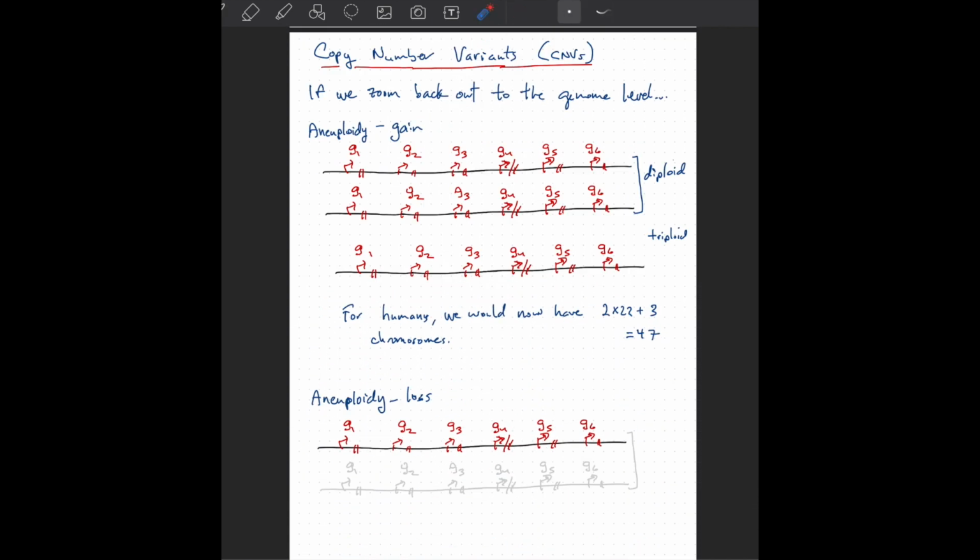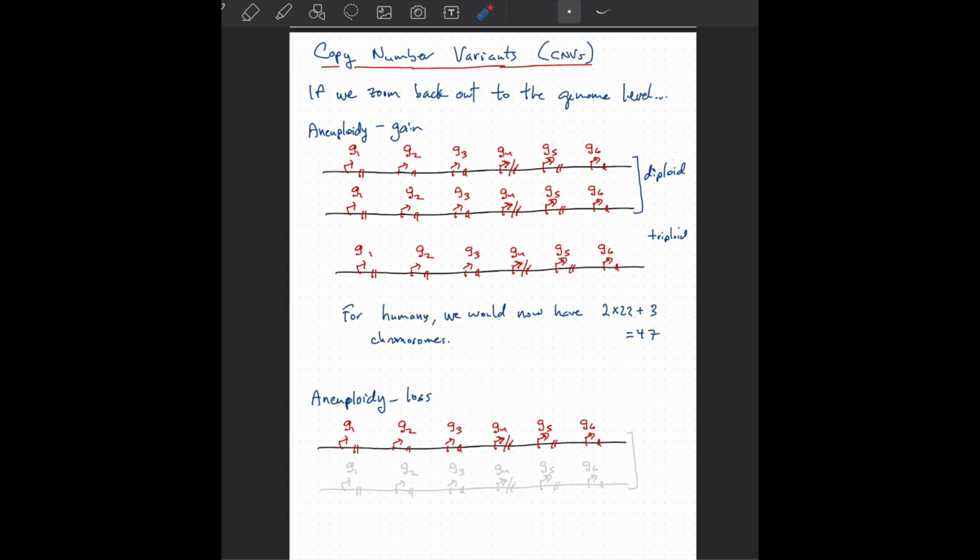If we zoom back out to the genome level and don't focus too much on a gene, we might see something like this, where your typical diploid, like a human, has two copies of each chromosome. What you can see sometimes are things like aneuploidy, where you gain an entire chromosome, or even more than one chromosome. For example, in humans, we have triple X. Some individuals have 3 copies of the X chromosome.